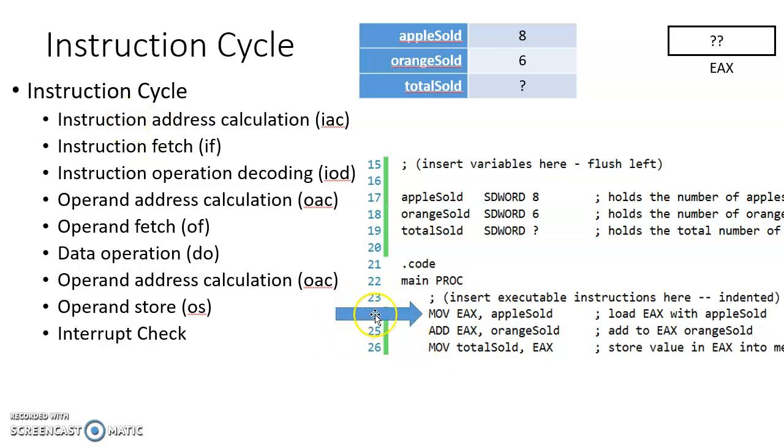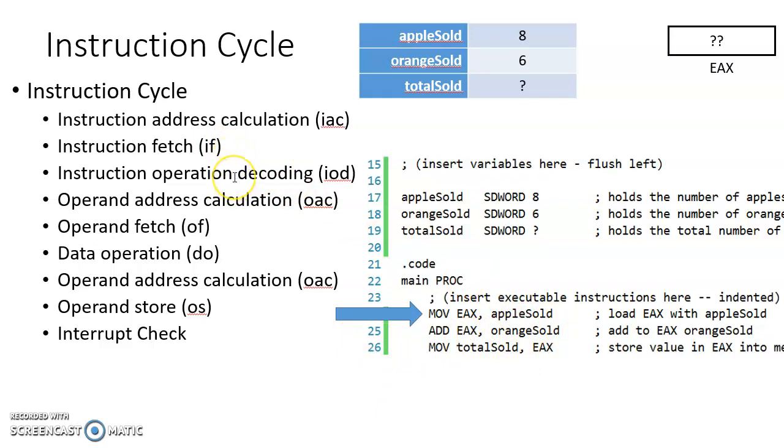Now, the arrow that I'm showing here, imagine this is the instruction that we're about to fetch. So the instruction address calculation will be figuring out where this is in memory. The instruction fetch, imagine this move EAX apple sold is what it actually then fetches.